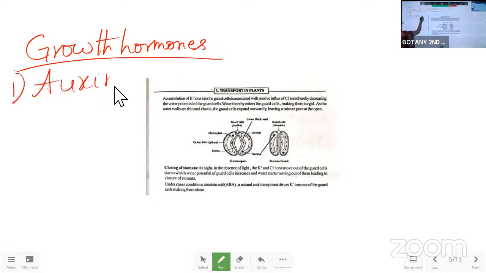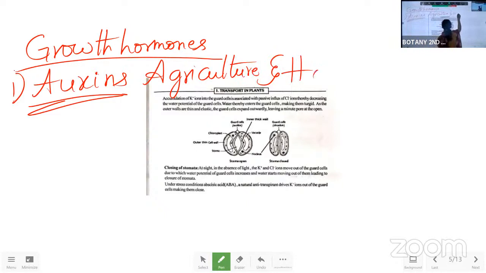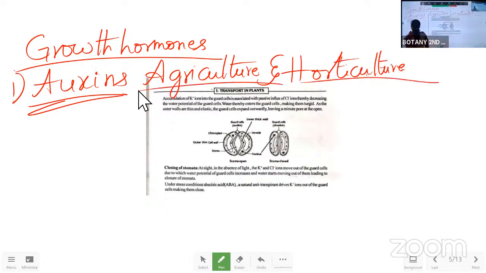Auxins which are useful in agriculture and horticulture. So when we are seeing this, how to write this answer is the most important one.